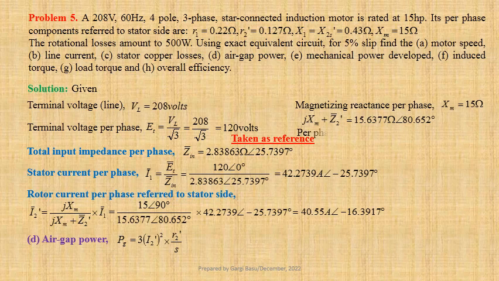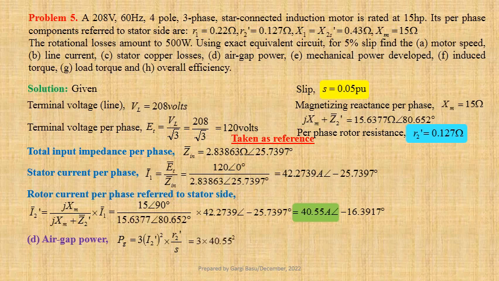Expression for air gap power Pg equals 3 times I2 dash square into R2 dash by S. Given per phase rotor resistance referred to the stator R2 dash equals 0.127 ohm and slip S equals 0.05 per unit. Therefore, Pg equals 3 into 40.55 square into 0.127 by 0.05. That gives us 12,529.585 watt.